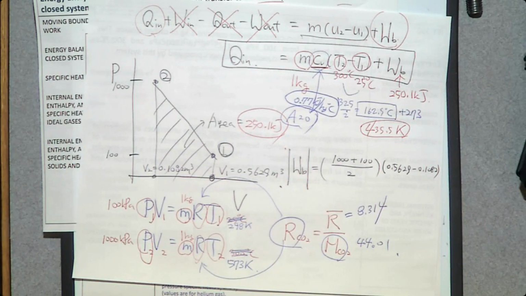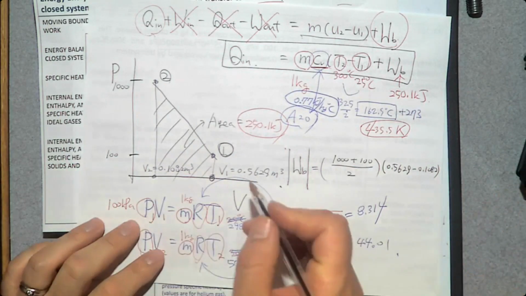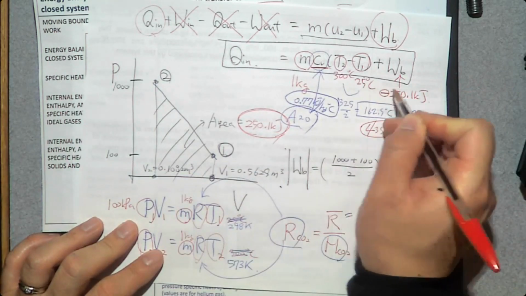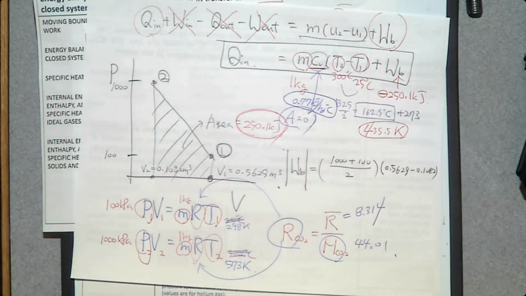Then why? Why is 250.1 kilojoule wrong for WB in this energy balance equation? Yes, it's a compression process. So area is this one, but when you put it in, you need to add a negative sign because it's a compression process. Initial volume this much, final volume this much.